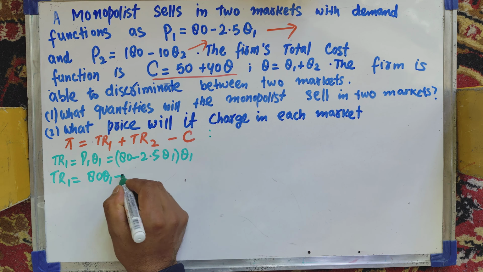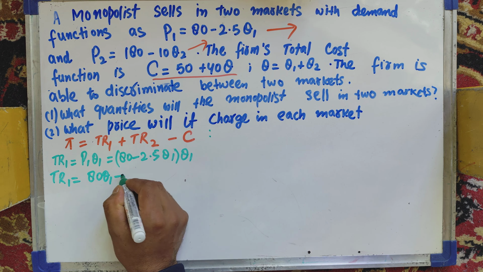Similarly, the cost function is given as 50 plus 40 Q. In place of Q, we can write Q1 plus Q2. Our total cost will be 50 plus 40 Q1 plus 40 Q2.